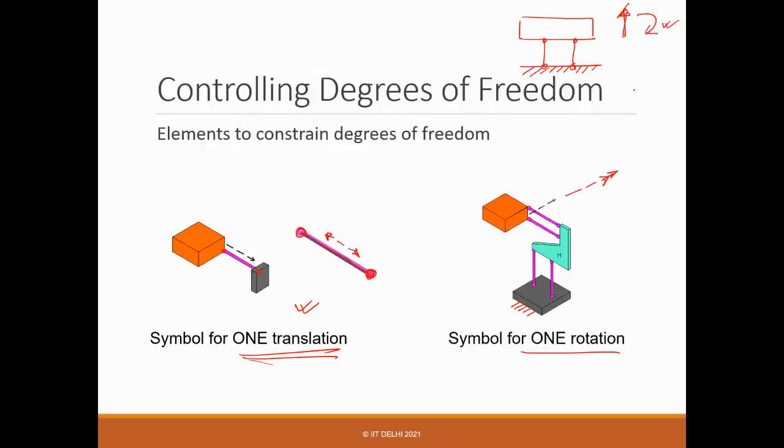So can we constrain the rotation only? It's not possible through just one link or a pair of them. What we have to do is introduce an intermediate member, an intermediate body.